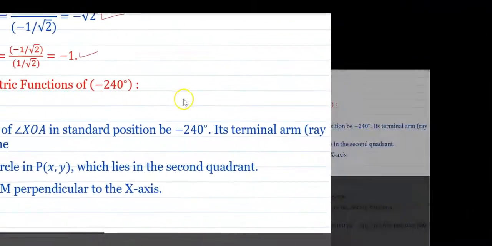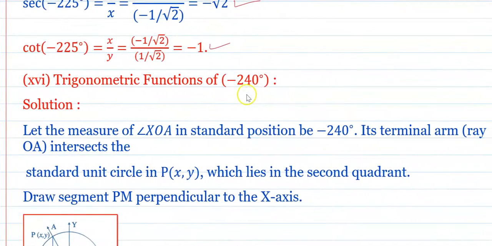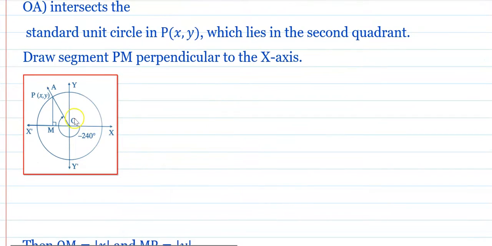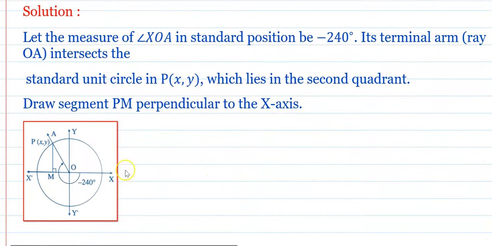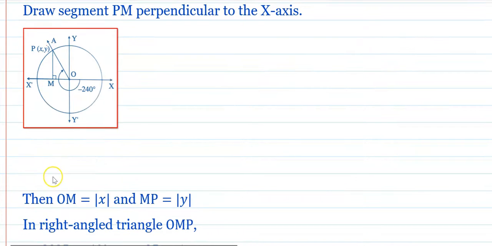Now the next, trigonometric functions of minus 240. The measure of angle XOA in a standard position is minus 240. Its terminal arm intersects the standard unit circle at point P, which lies in the second quadrant. Draw PM perpendicular to the x-axis.